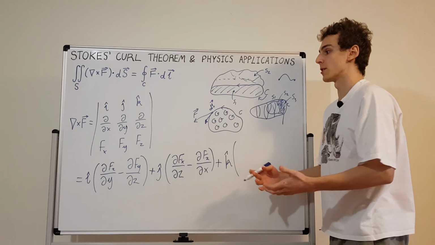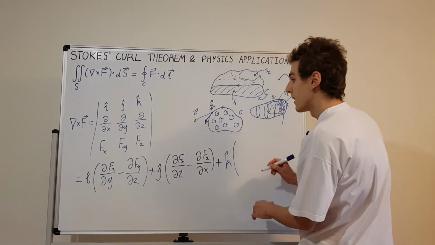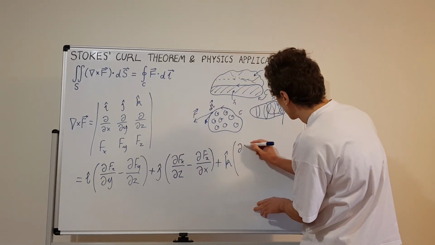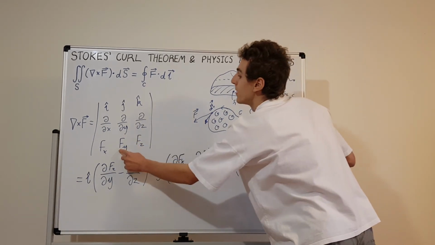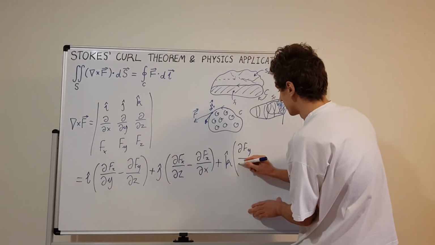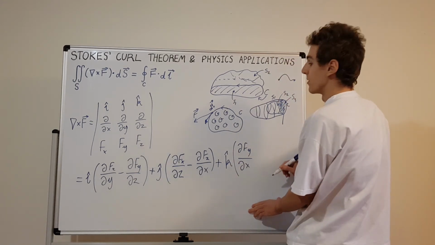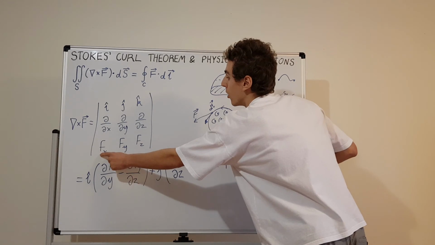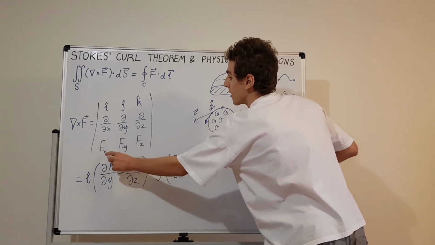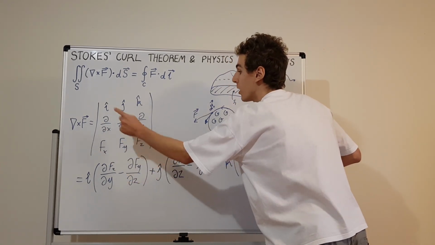It's a linear operator. So we'll take Fy, and we'll take the partial derivative of Fy with respect to x. And then we're going to subtract the partial derivative with respect to y of fx.